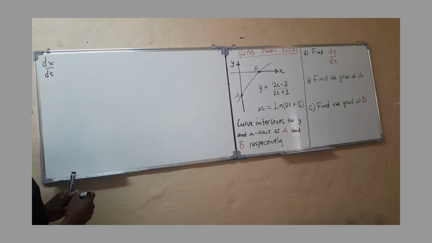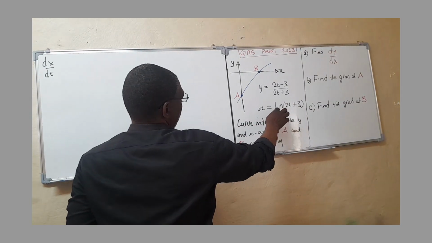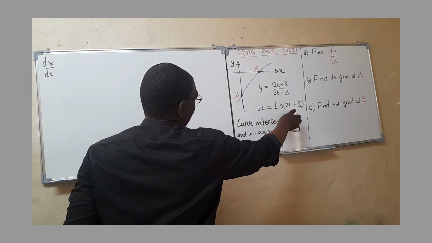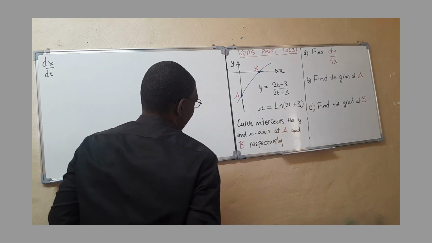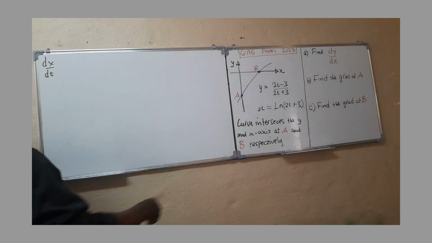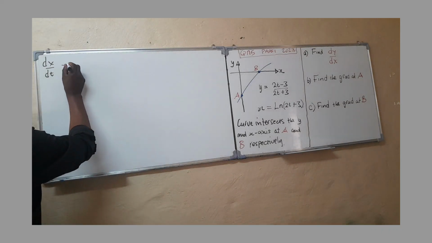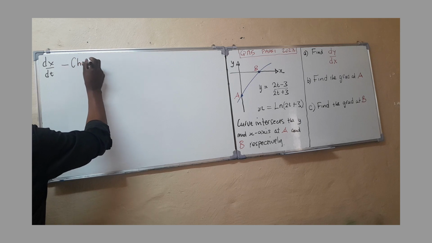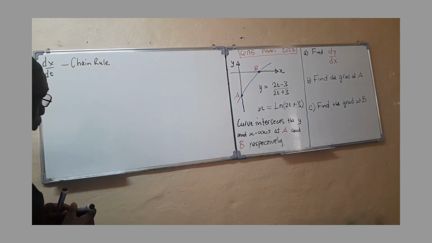Because if you look here, x is actually a function of a function, because ln itself is a function, and what is inside the brackets is a function of t. So to get dx/dt, we have to go through the chain rule.